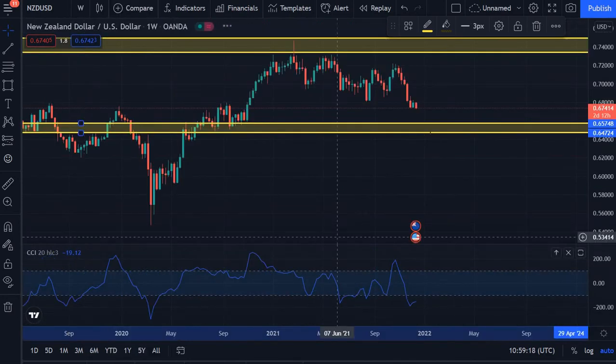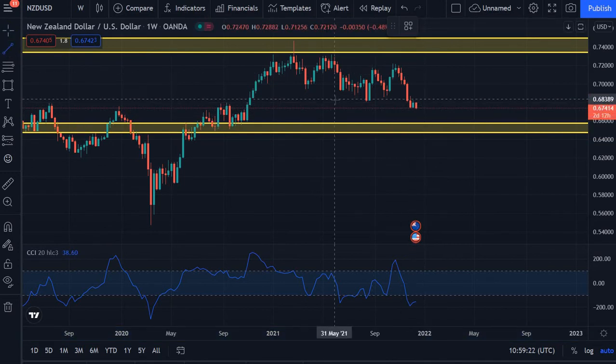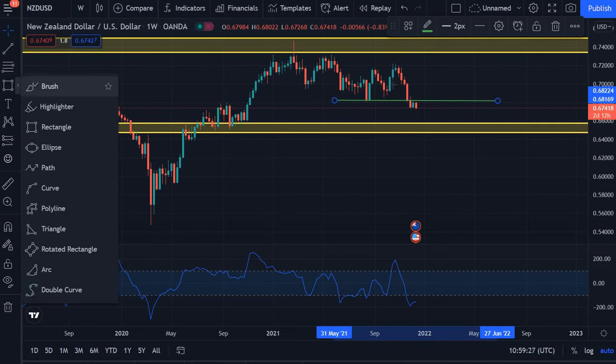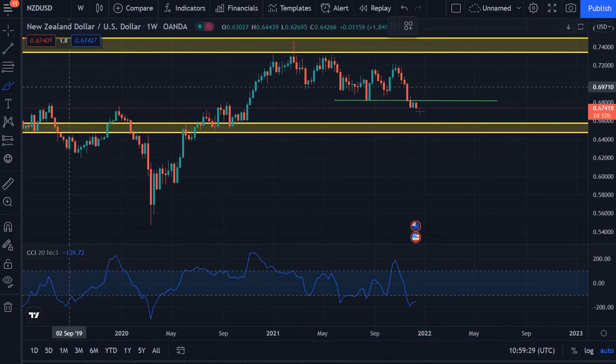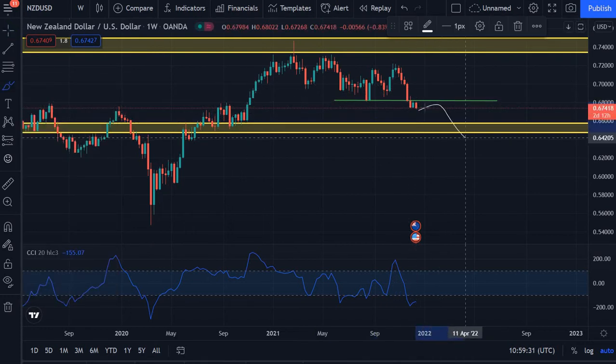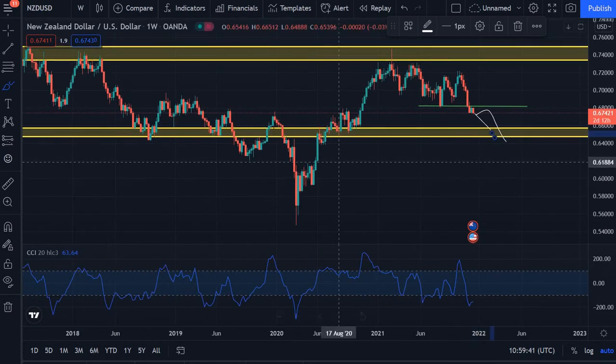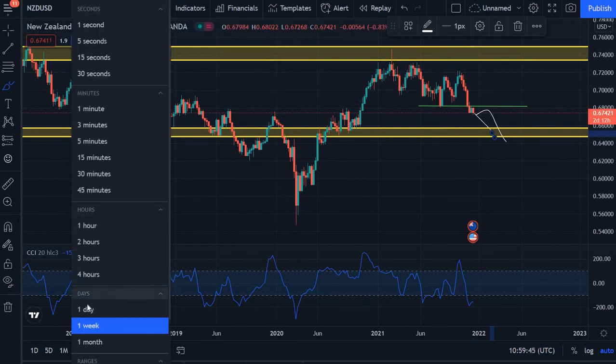Taking a look at the weekly, so this will be the movement that we will probably see. Well, I don't know if we'll reach or target this resistance line here once again, but we will go lower here. For now it looks like we'll break this zone that we are at right now.